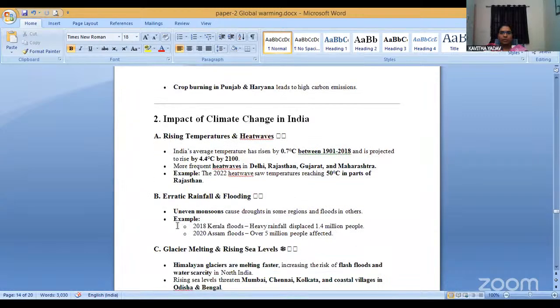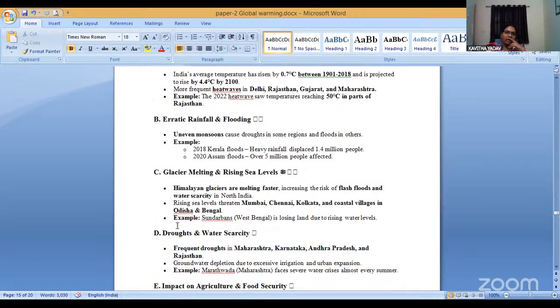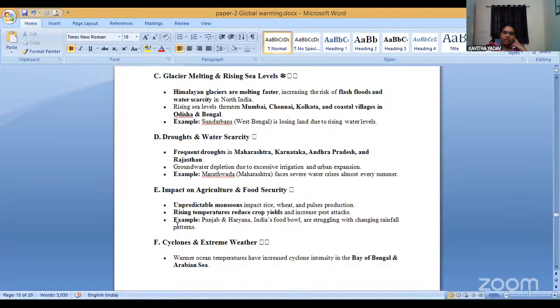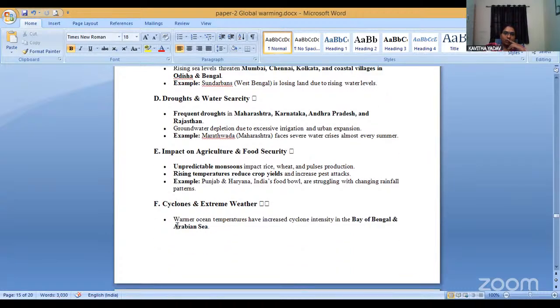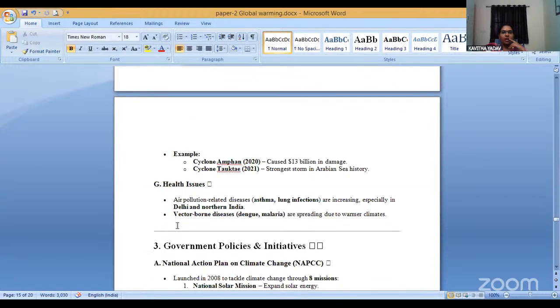Impact of climate change in India: rising temperatures, heat waves, erratic rainfall and flooding, glacial melting and rising sea levels, droughts and water scarcity, impact on agriculture and food security, cyclones and extreme weather, health issues.